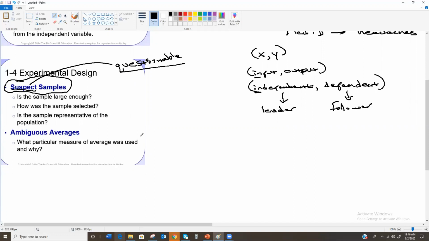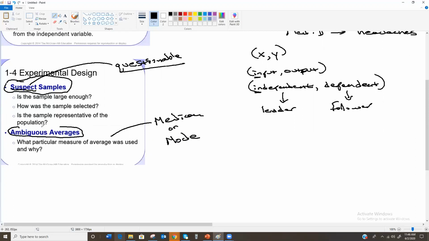Ambiguous averages: if they use, in the results of a study, the median or the mode instead of the mean, which is the average where you just add them all up. If they use the median, which is the middle number, or the mode, which is the one that happens most often, then that's ambiguous averages.